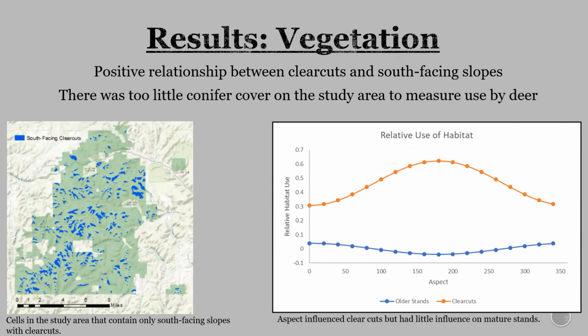We found a positive relationship between clear cuts and south facing slopes that's displayed in this graph here, and found that aspect didn't really influence mature stands as much as it did clear cuts. On the map, it's just visualizing all the cells in the area that contain those south facing slopes with clear cuts.